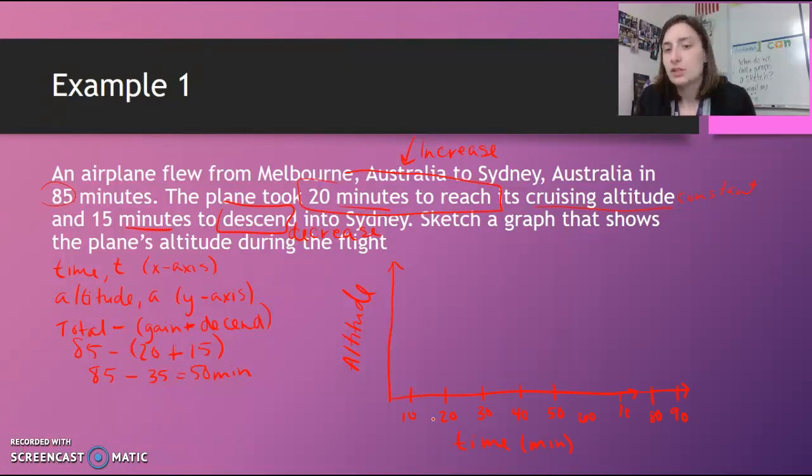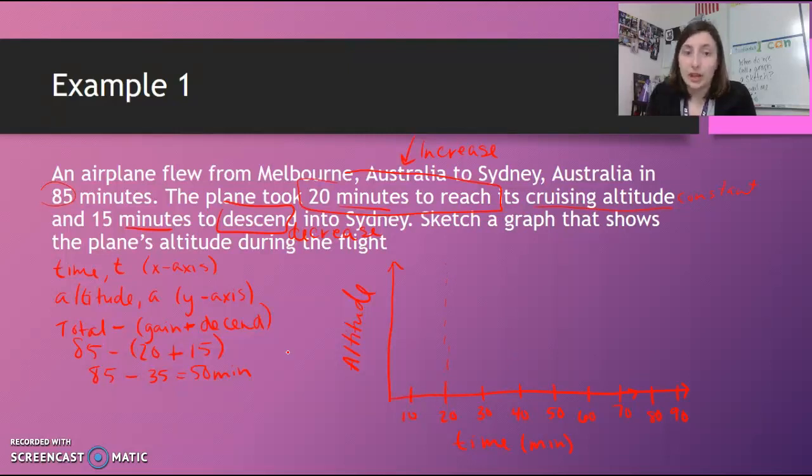And because it is a sketch, we want to try to keep these as even as possible, but if they're slightly off, that's okay. And so like before, I'm going to go to different pieces that I know and draw myself a visual vertical line. So I know that after 20 minutes we hit our cruising, and so let me try to make that as straight as possible.